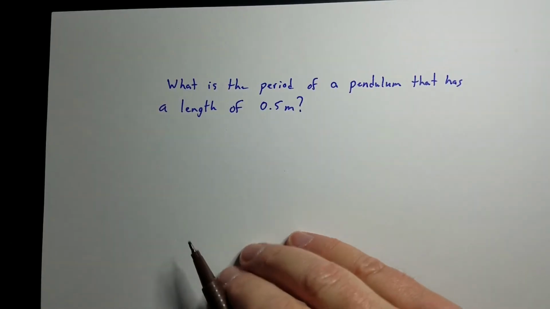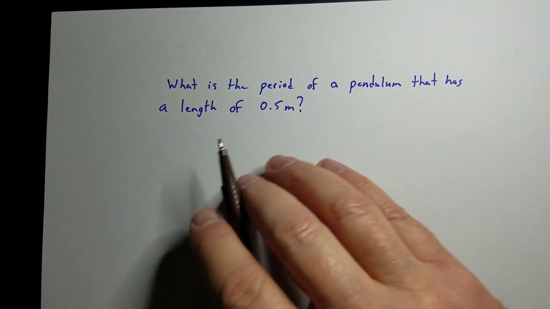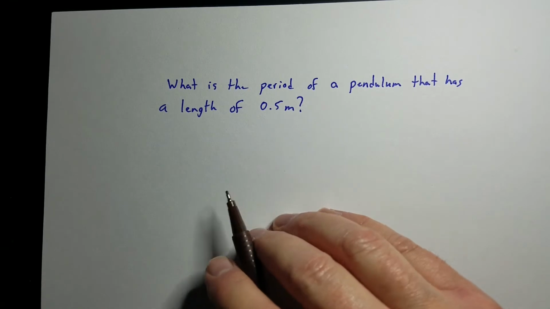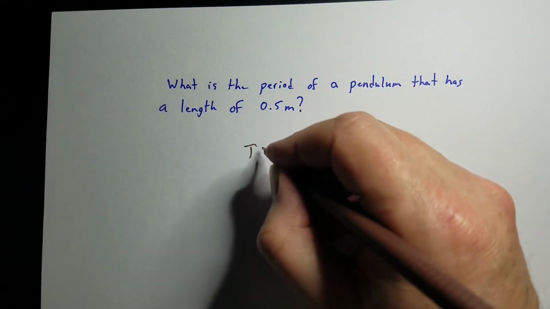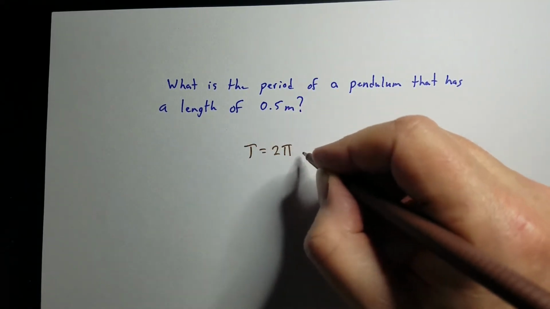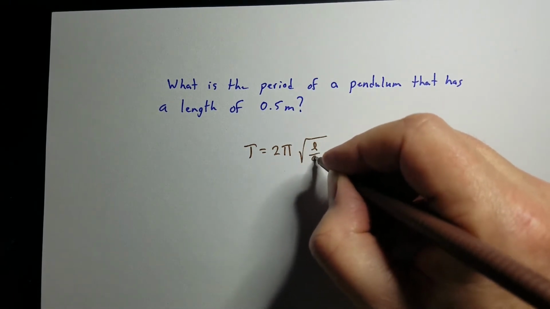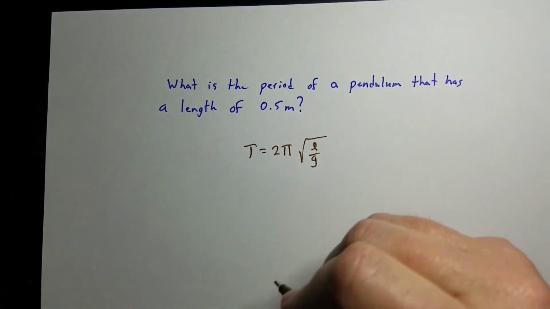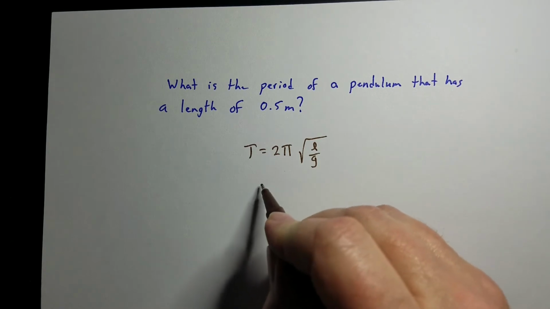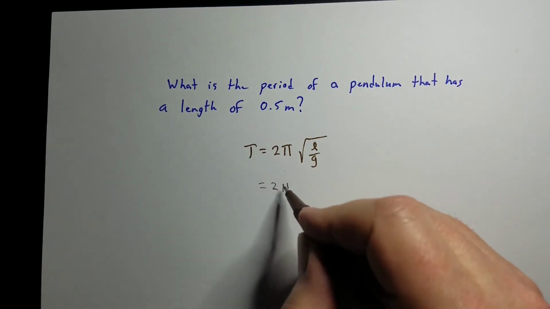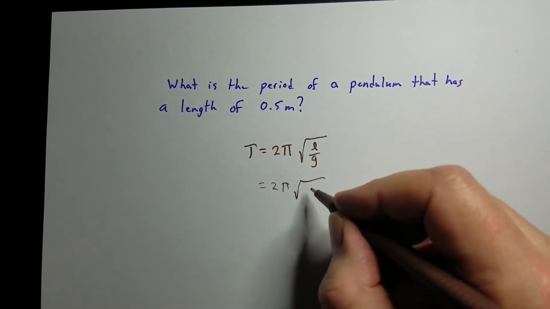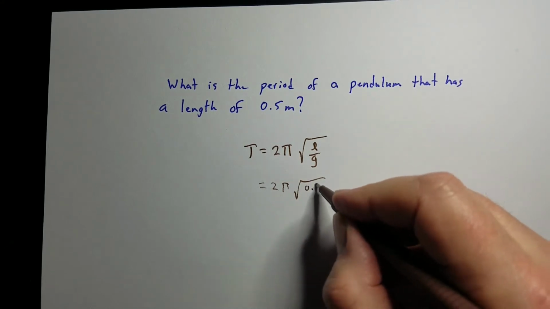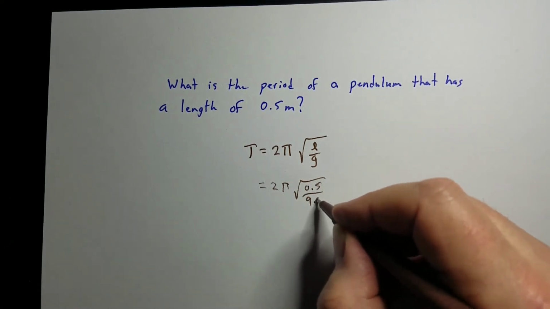Okay, for this first one, we want to figure out the period of a pendulum that has a length of half a meter. So period equals 2 pi square root of L over g, and g is gravity, and we're going to use 9.8 for that. And so we get 2 pi square root of 0.5 divided by 9.8.